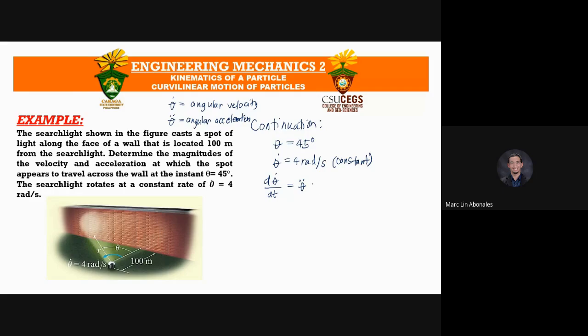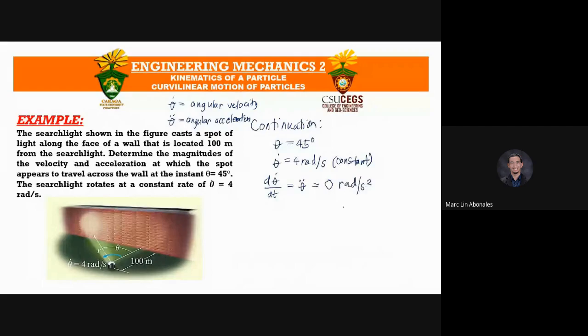If you notice, based on the problem, our angular velocity is a constant of 4 radians per second. So when you take the derivative, since it is a constant, the derivative of a constant is equal to 0. So that would be equal to 0 radians per second squared.